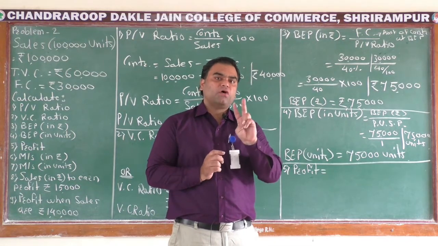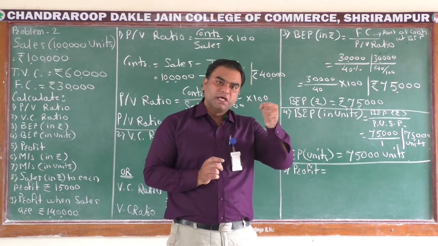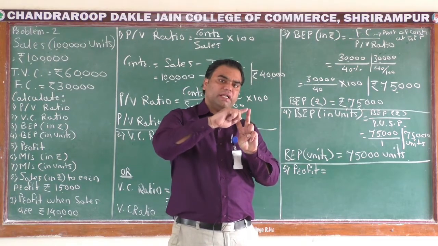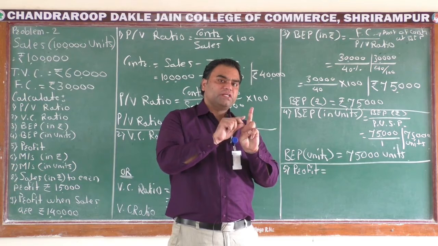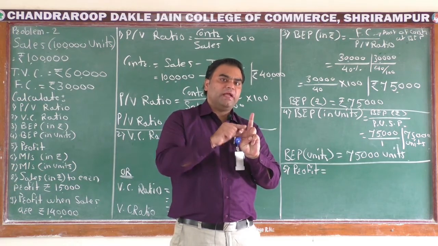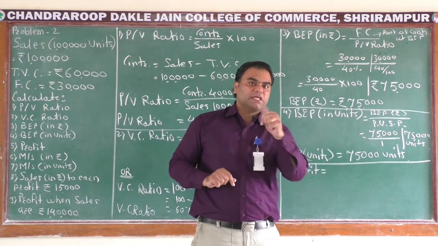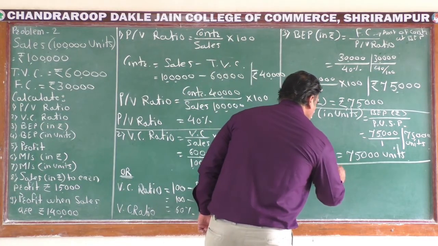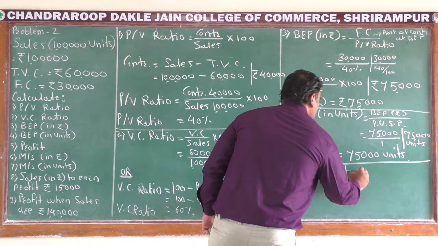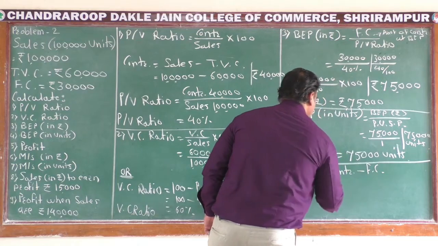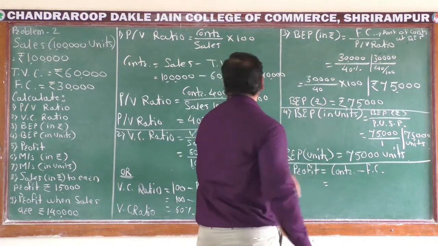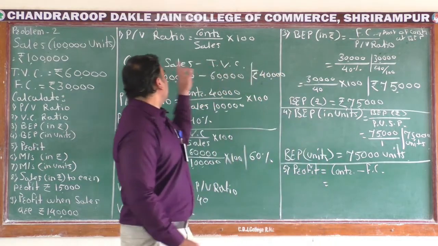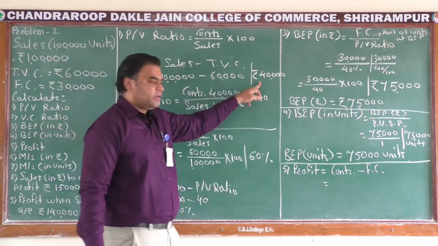As we know, fixed cost and profit collectively are known as contribution. So contribution includes two contents, fixed cost and profit. When we deduct the amount of fixed cost from contribution, profit will remain. The same logic we are going to use in this formula. So profit is equal to contribution less fixed cost. Our contribution amount is rupees 40,000, as we have calculated.